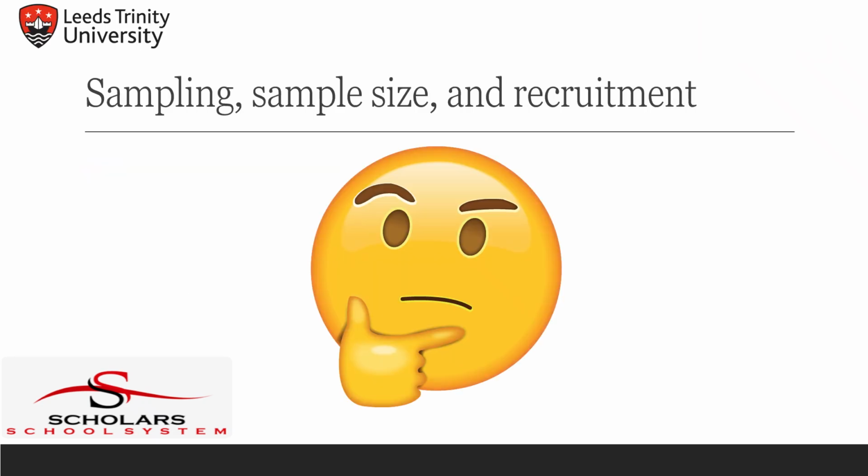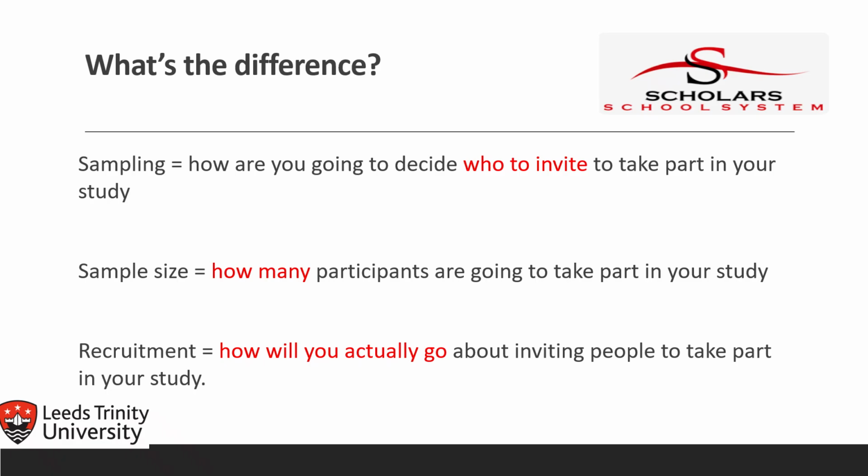So what is the difference between sampling, sample size, and recruitment? We'll go through all these differences on the next slides. So let's go through the difference between sampling, sample size, and recruitment in your area of study.